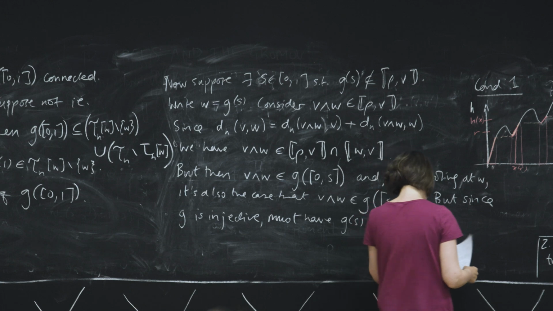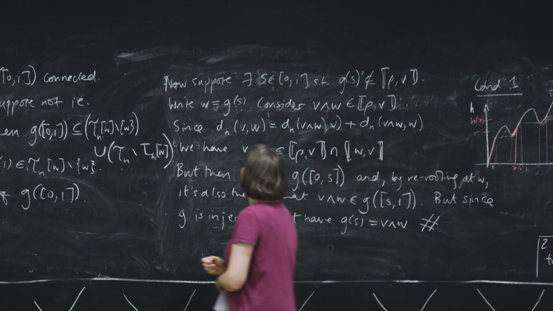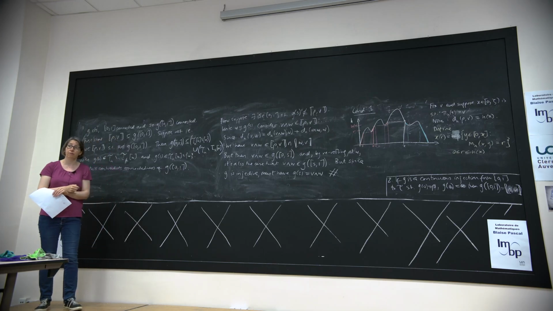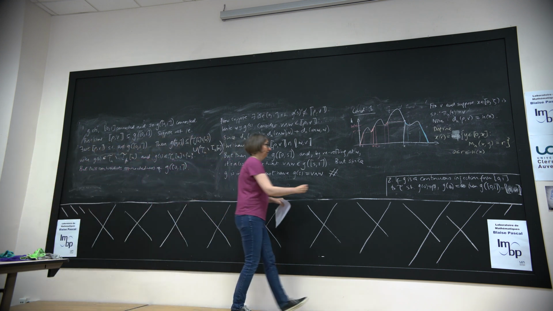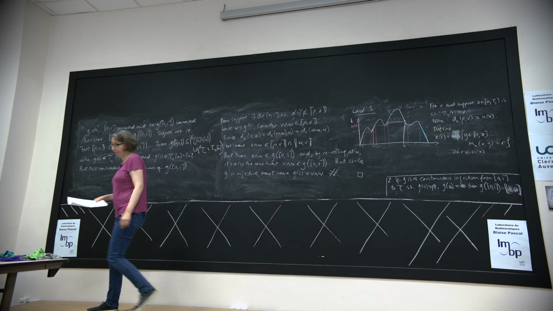So I must be visiting this at time S, which contradicts the assumption that W was not in the set of ancestors of V. Okay, so that, hopefully, in a reasonable amount of detail, is the proof that this really does give us an R tree.